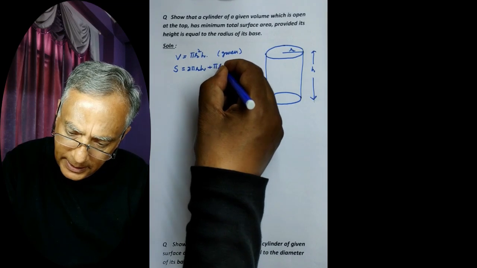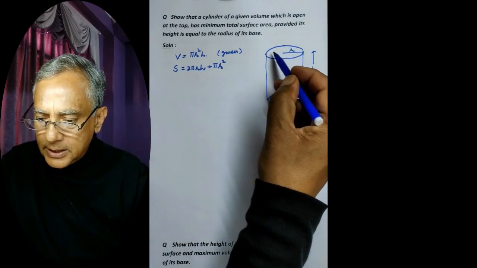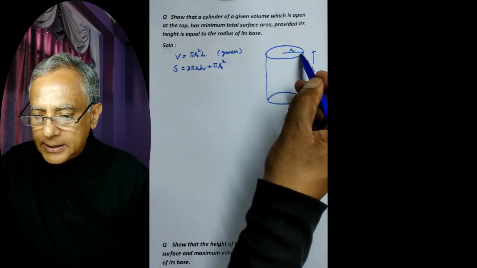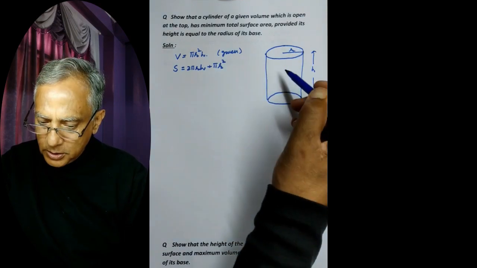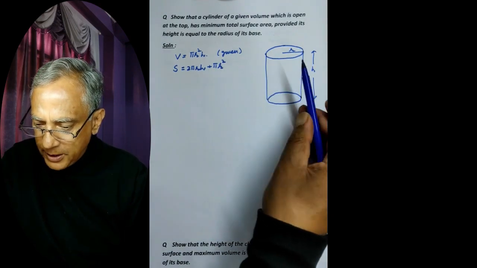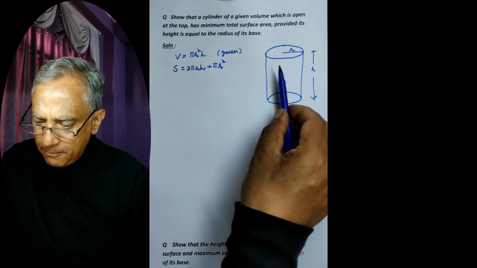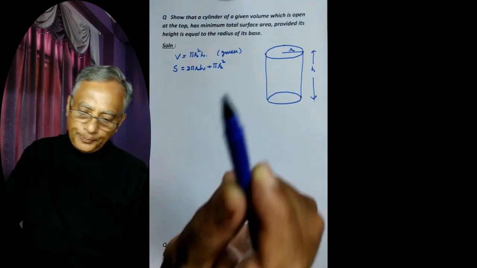This is pi R square, and this is open, therefore we will not take this circle. So surface area will be surface area of this curved portion plus this circle.